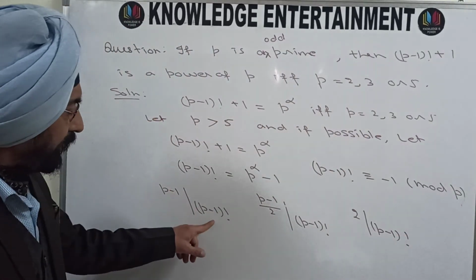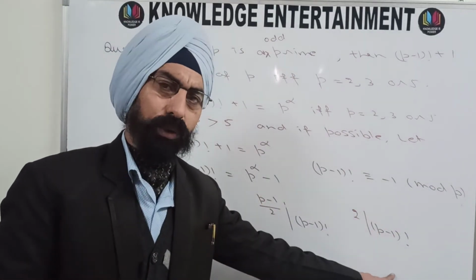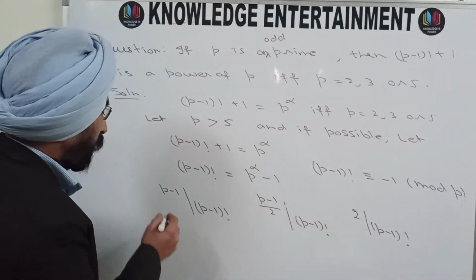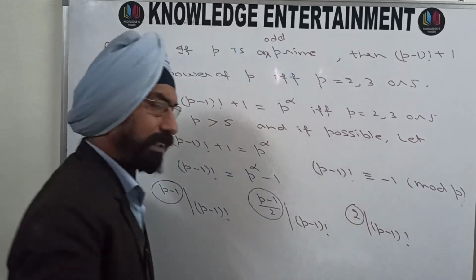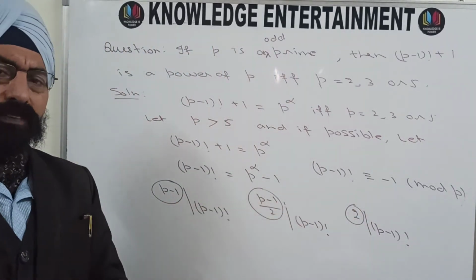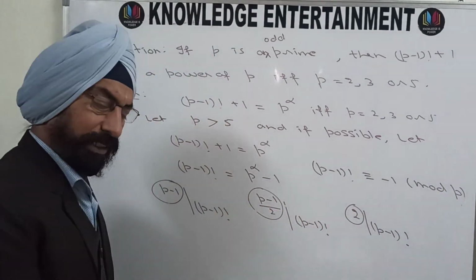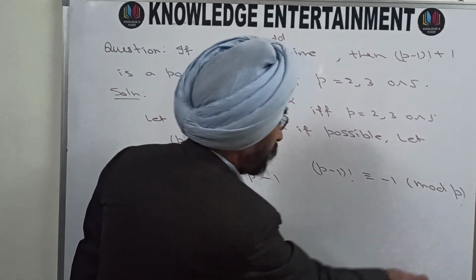Now this number divides P minus 1 factorial, this divides P minus 1 factorial, and this divides P minus 1 factorial. That means the product of these will also divide P minus 1 factorial. And what is the product? When we take the product of these three, 2 will be cancelled out and you will be left with P minus 1 whole square.